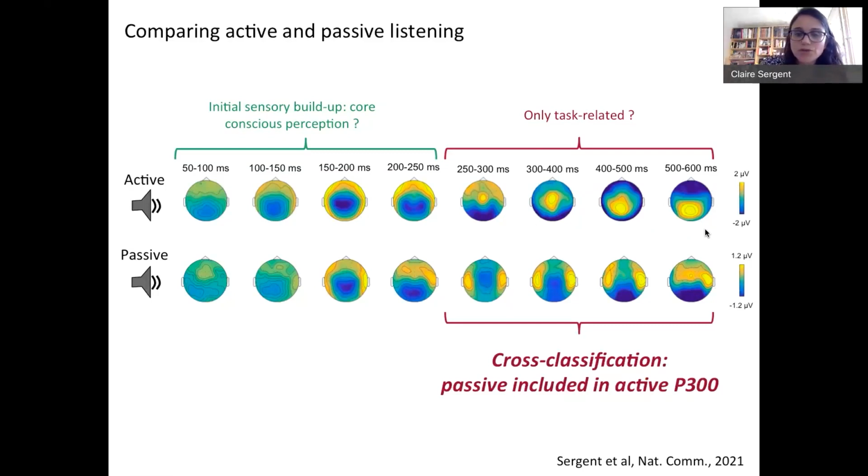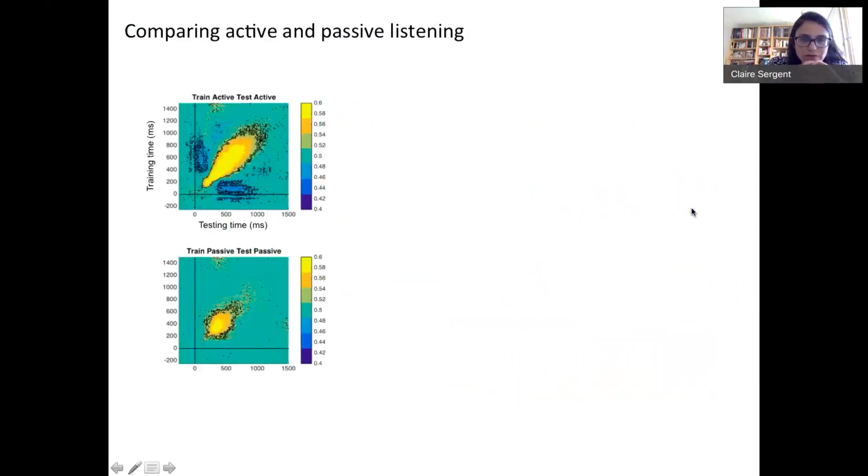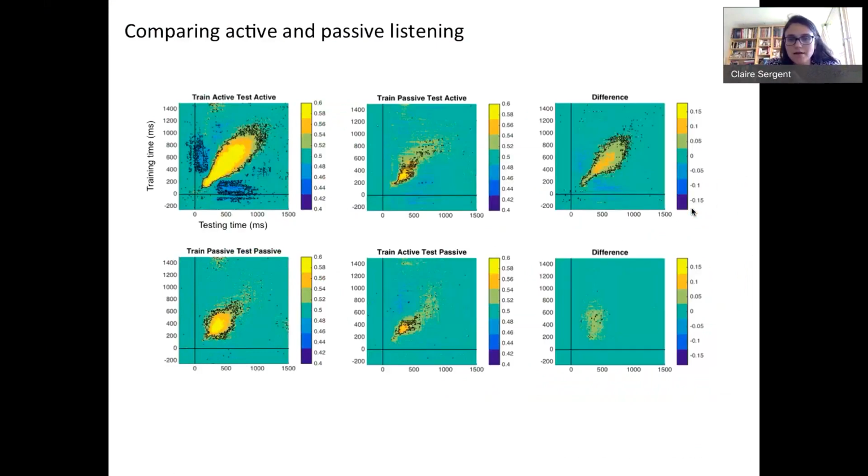We can demonstrate using cross-classification that this late passive activity is included in the active P300. Yeah, so I won't explain this analysis, but it's all described in the paper. We can demonstrate that this late activity is indeed included in the P300, and that's the cross-classification analysis that I'm referring to.